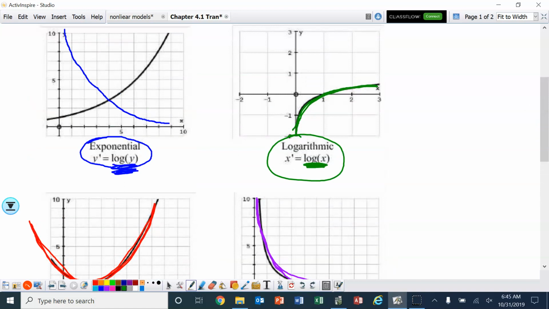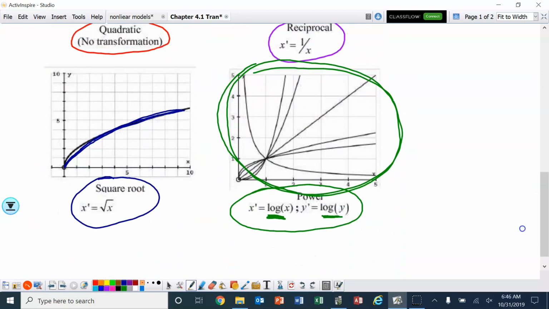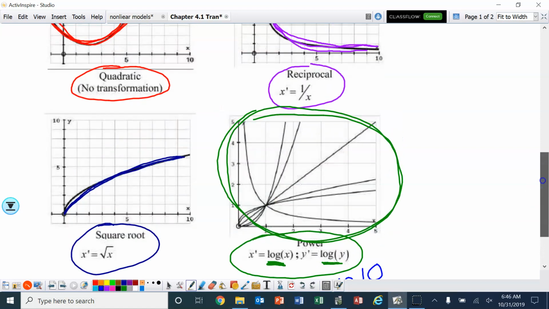Remember, we have logs. Now, this log is base 10. Log base 10, and that's for the rest of them too. This is log base 10, and these down here are also base 10. So we're not doing any strange bases, so base 10.